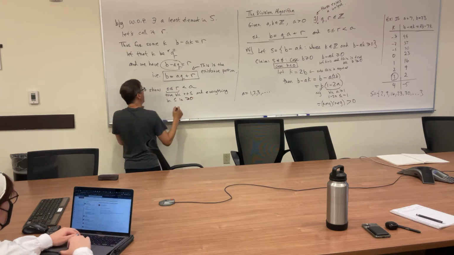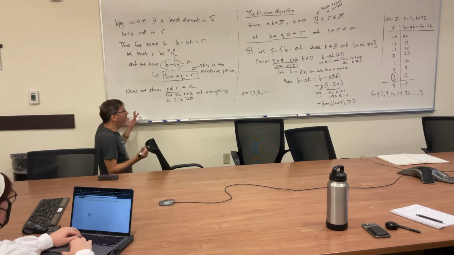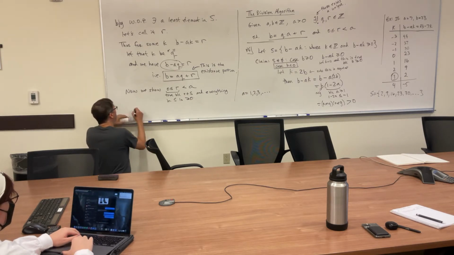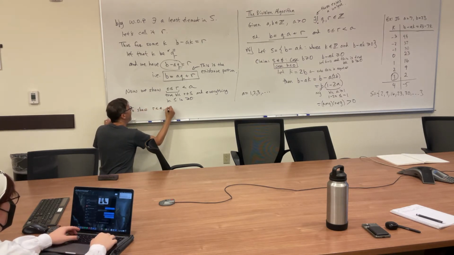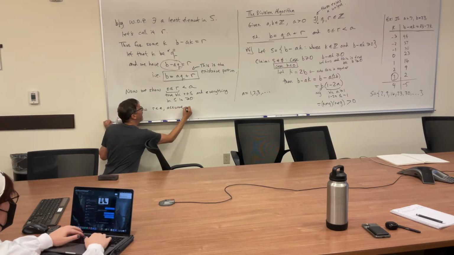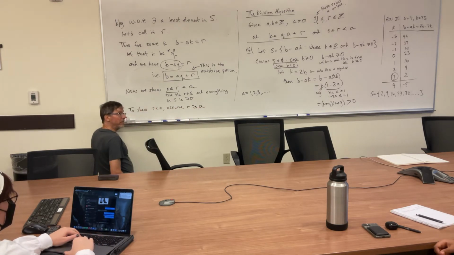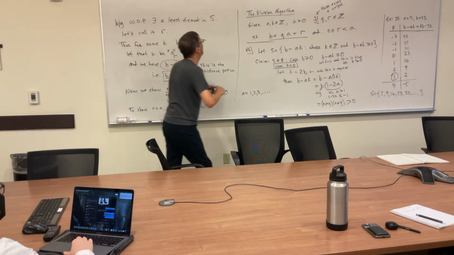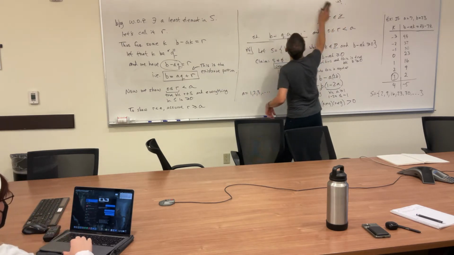So that's cool. Now we got to show this, and this is best approached through contradiction. So to show R is less than A, assume it's not, and wind up with something foul, a contradiction. This might be a place where I call you in, so follow along.